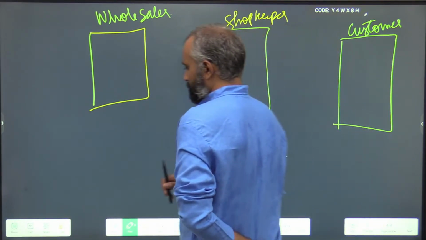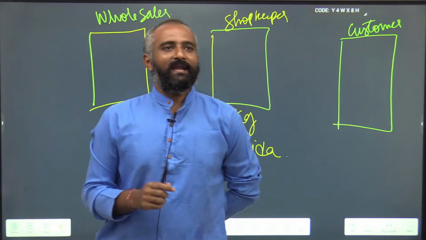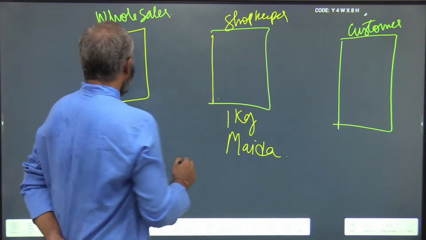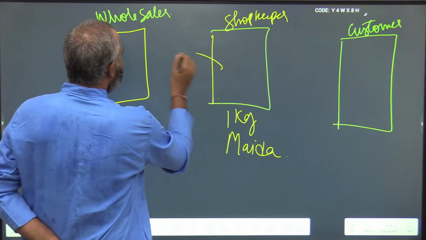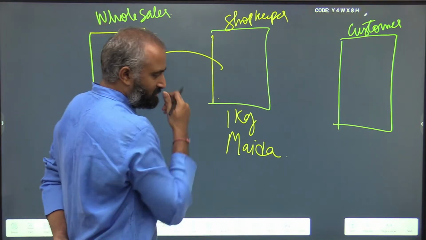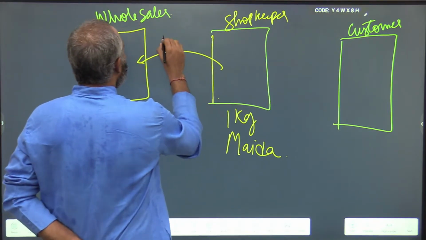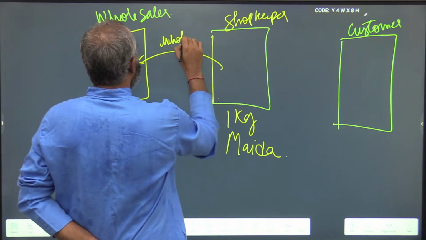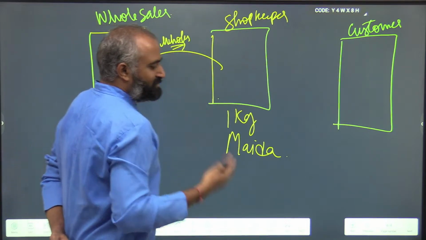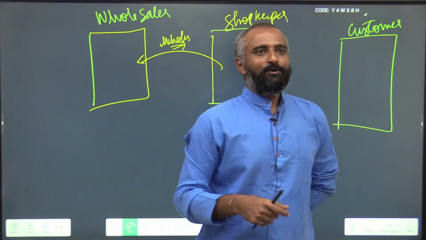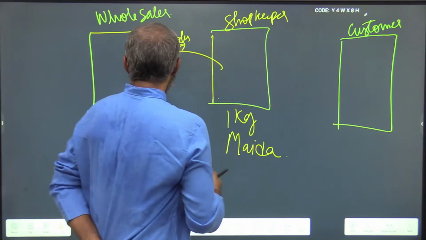The transaction is regarding 1 kg of maida. Now, he cheats. This is about a dishonest shopkeeper. He cheats the wholesaler. Why does somebody cheat? Because to gain unfairly. How does he cheat?